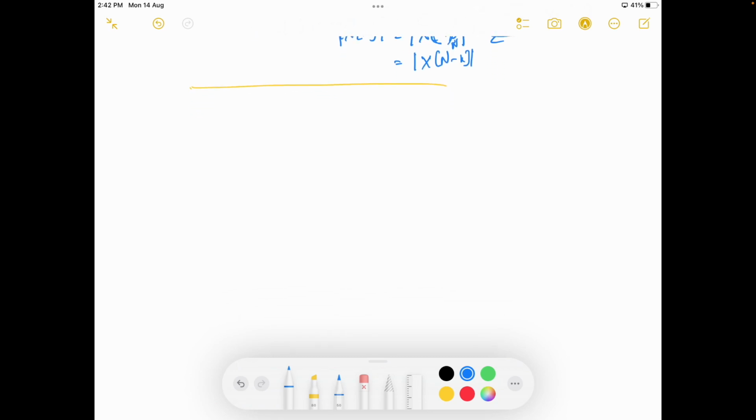So in DFT space, in DFT, we will not have convolution, we will have circular convolution, right? So how is it defined?